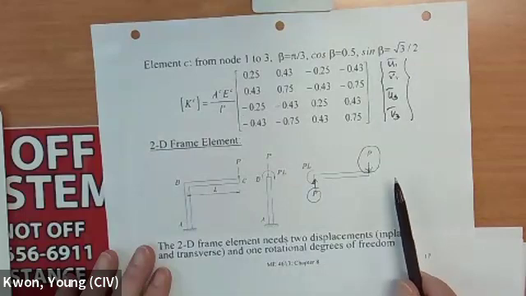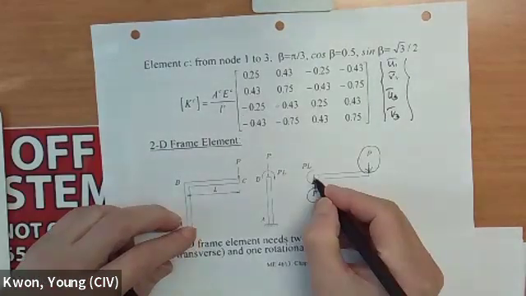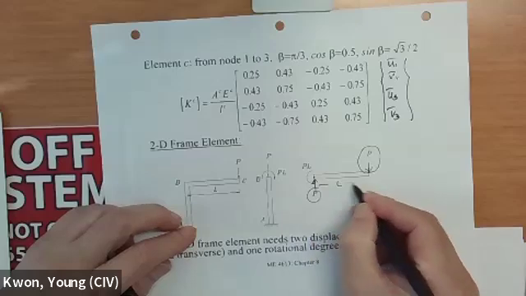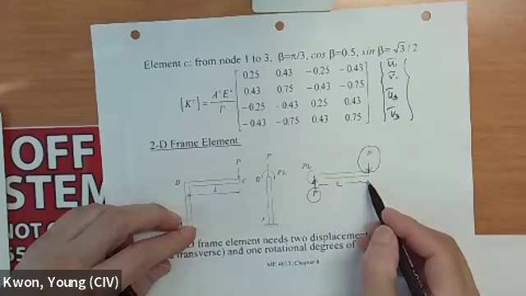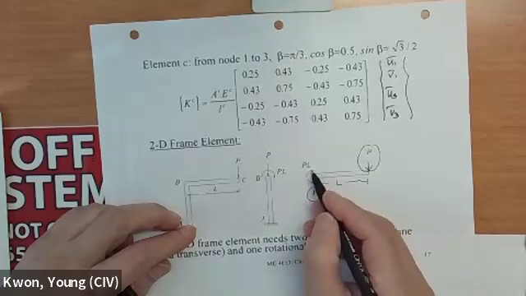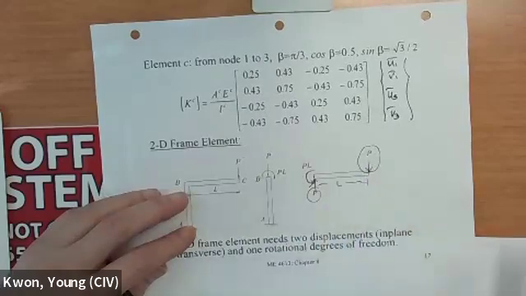But we also have to maintain moment equilibrium. If you take a moment about that point, the length is L, so you get P times L, and you have to cancel that out. So the moment has to be P times L here. That completes the free body diagram with applied force and moment.